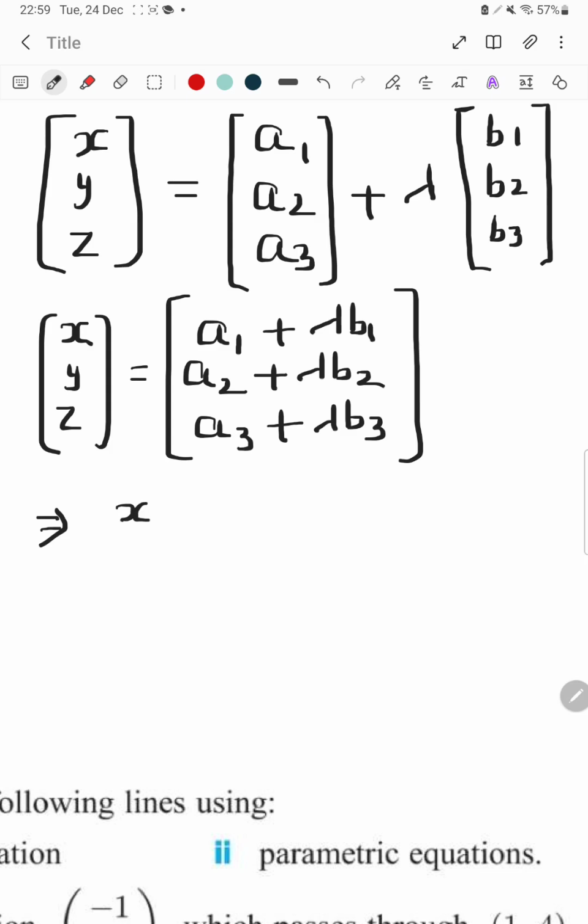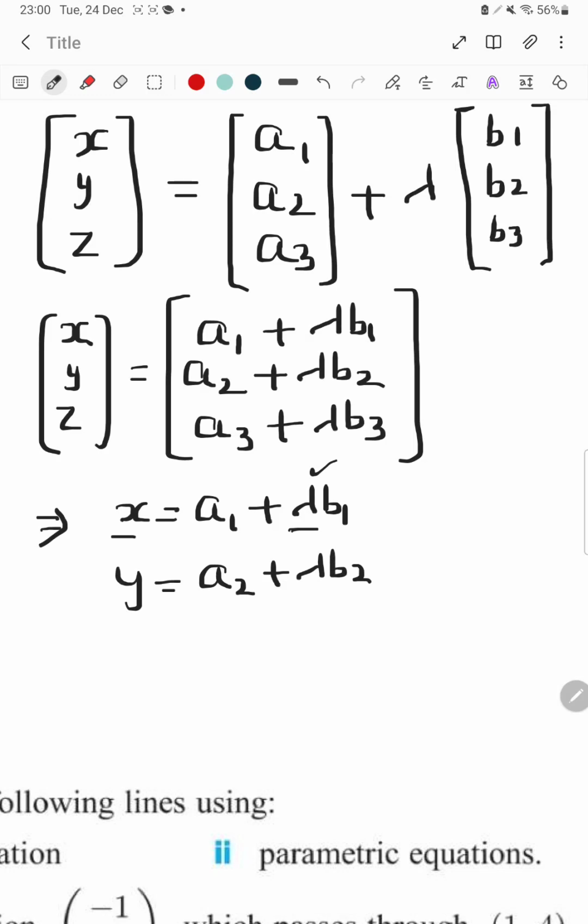So x is equal to a1 plus lambda times b1. Here this lambda is a scalar value, a parameter, and that is why it is known as the parametric equation, because each x, y and z component, or even if it is 2D, the x and y components, are expressed in the form of a parameter. y is equal to a2 plus lambda b2, and lastly z is equal to a3 plus lambda b3.